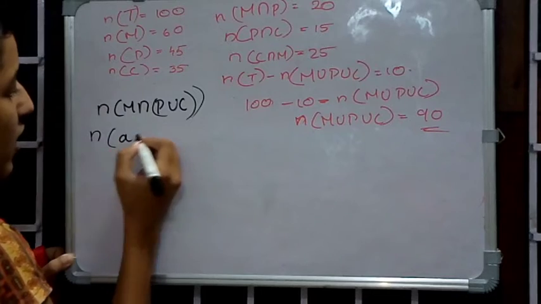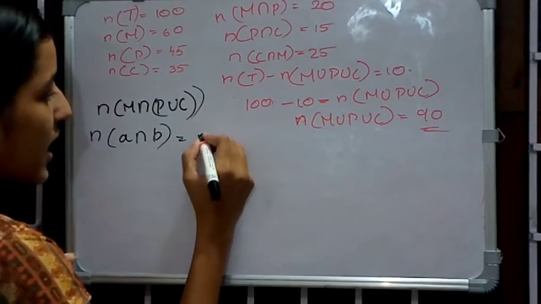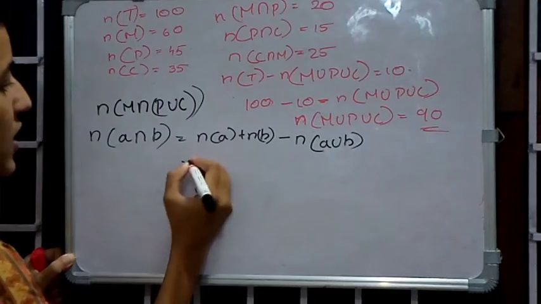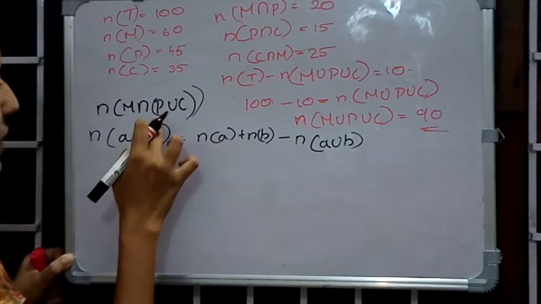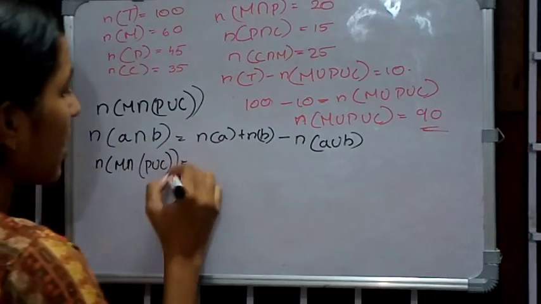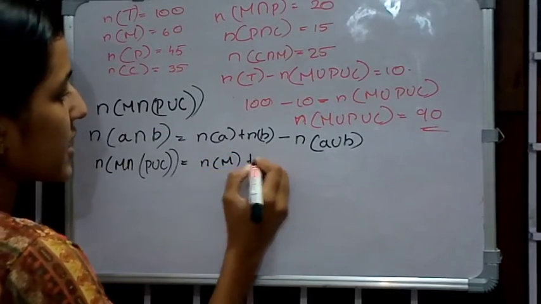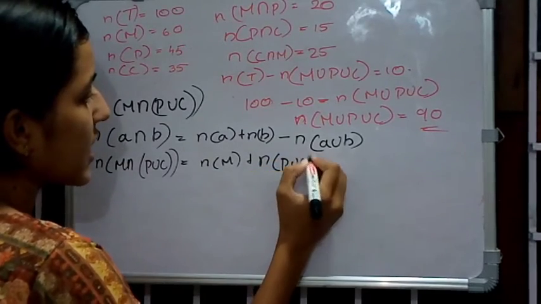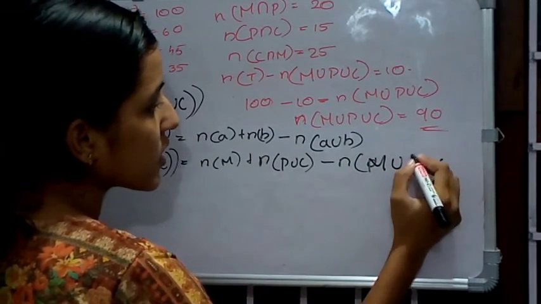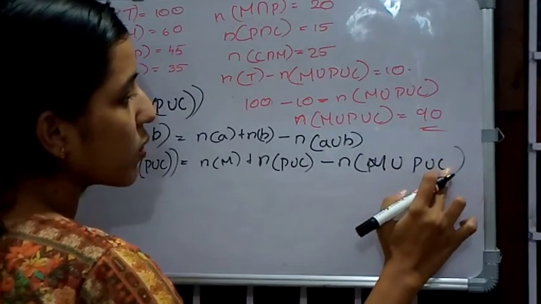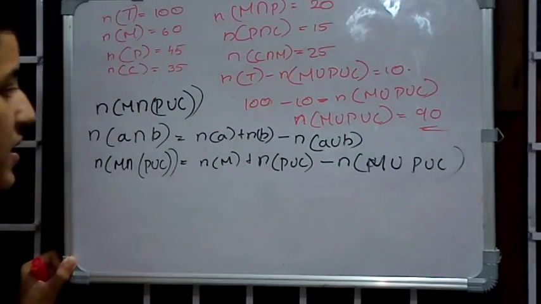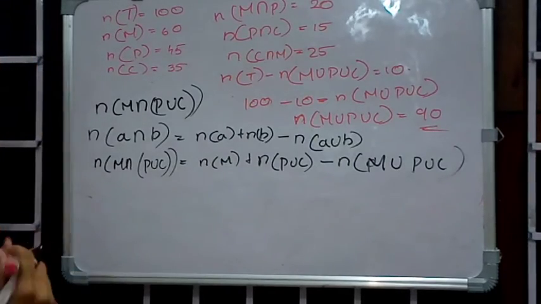This is in the form n of A intersection B. On expanding this we get n of A plus n of B minus n of A union B. Giving M and P union C in place of A and B, we get n of M intersection P union C equals n of M plus n of P union C minus n of M union P union C. Here we are unaware of the value of P union C, so let's find it.